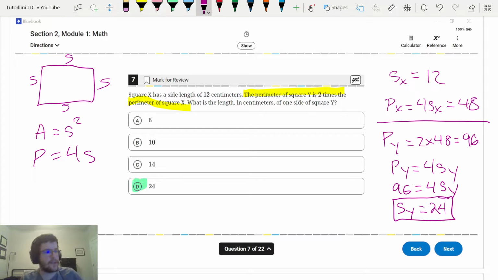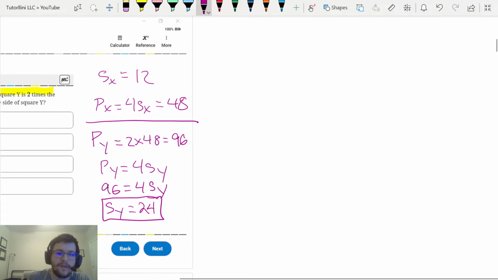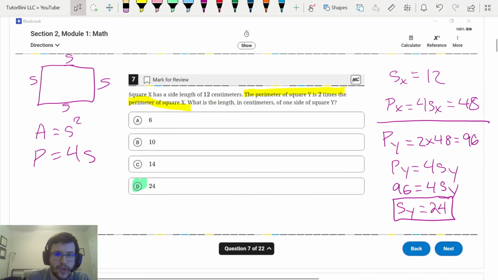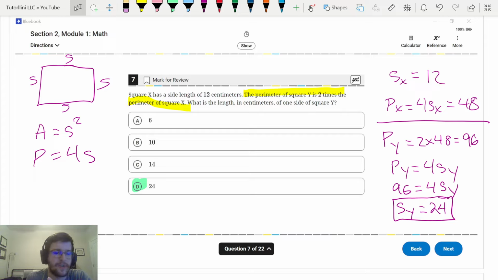Now, the other thing that they were testing you on here, a slightly faster way to do it, is that the ratio of the perimeters is equal to the ratio of the sides. So the perimeter scale factor, all squares are similar. All squares are similar, just like how all circles are similar.